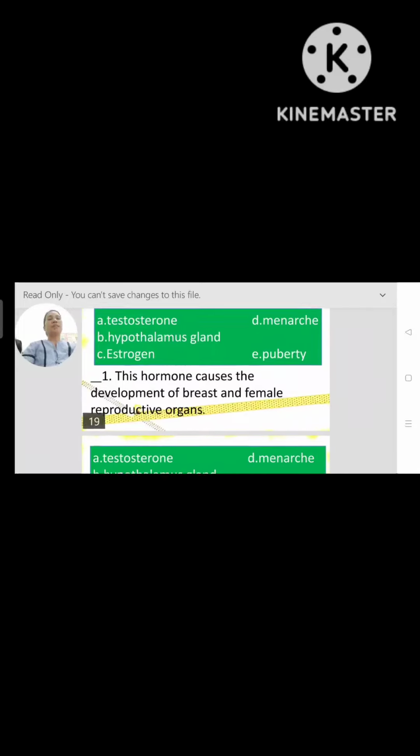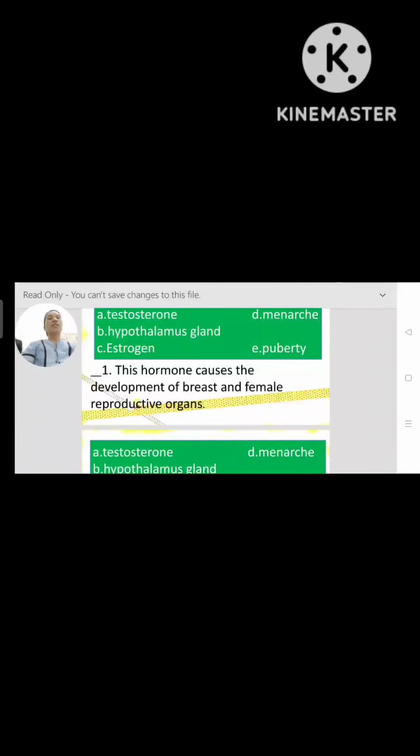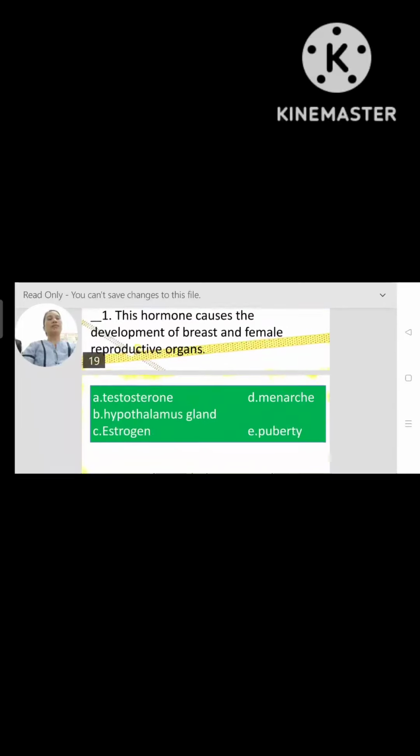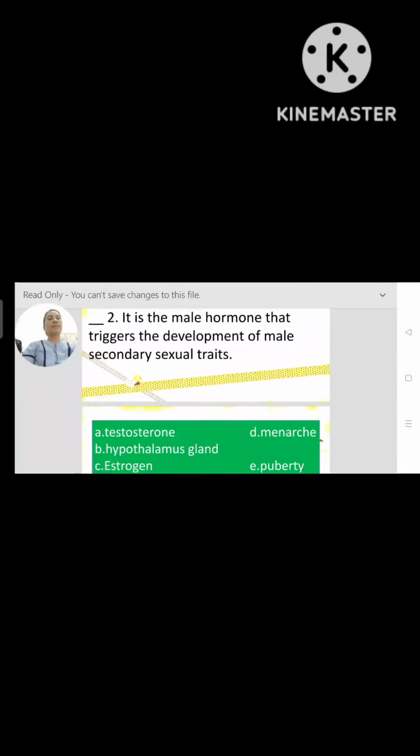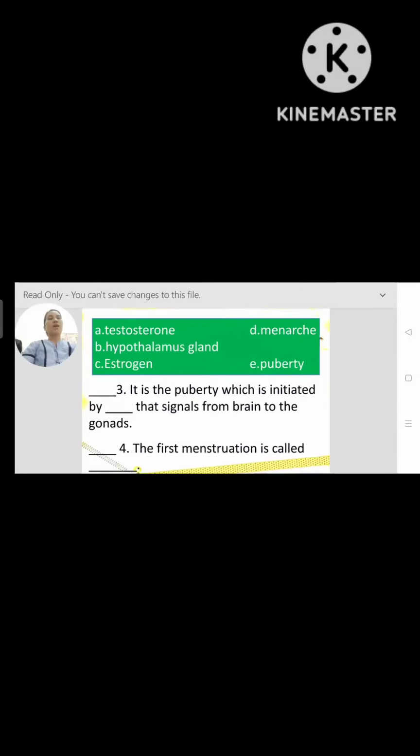Number 1. This hormone causes the development of breast and female reproductive organ. Number 2. It is the male hormone that triggers the development of male secondary sexual traits. Number 3.